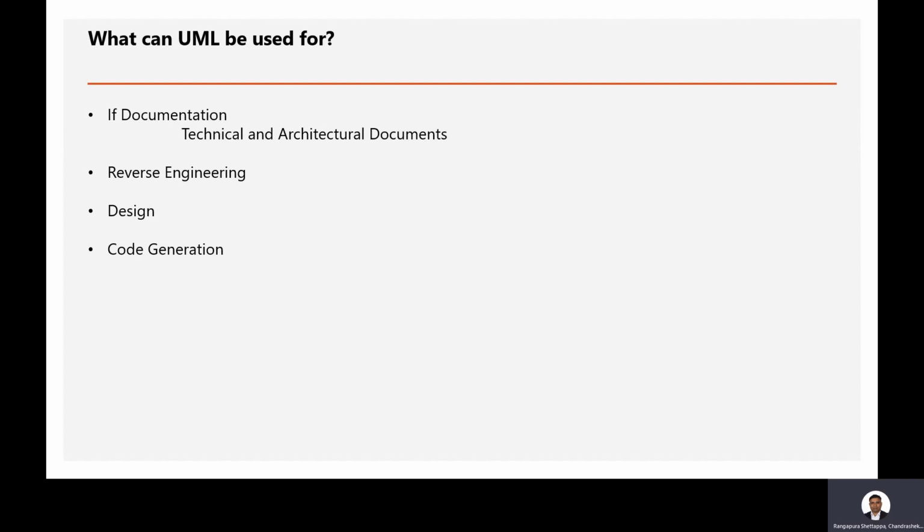That means if you have a set of legacy code which was written long ago, but now it needs to be re-evaluated for looking into the design and to make modifications, then you use UML diagrams for reverse engineering. You can use it for designing. Also, some technologies like Microsoft's are providing the mechanism to generate code based on the UML diagrams. This helps us to stay in line with the architecture. Whenever you make changes in the UML, the code also gets automatically generated.